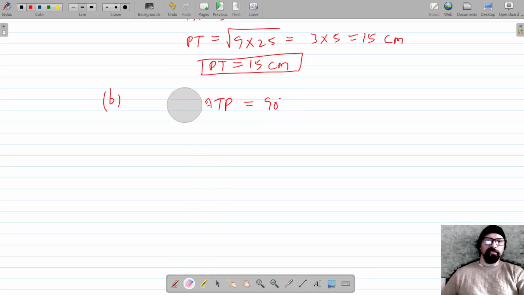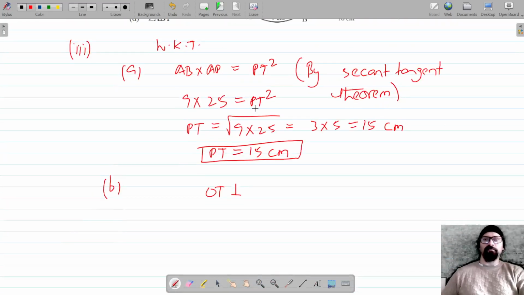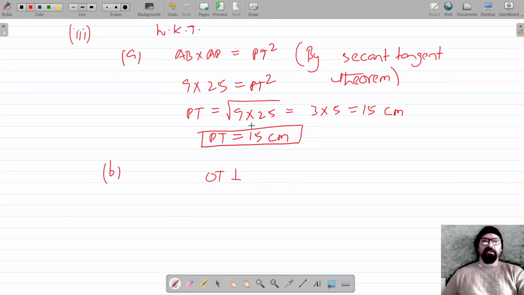So this is not angle ATP, sorry for that. So this is OT is perpendicular to TP, and the reason being that the radius is perpendicular to the tangent at the point of contact.